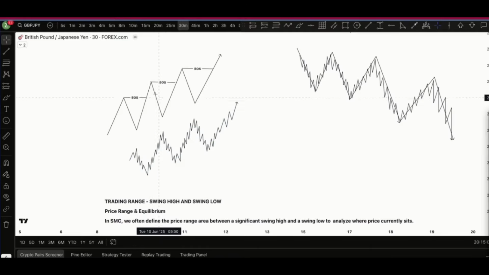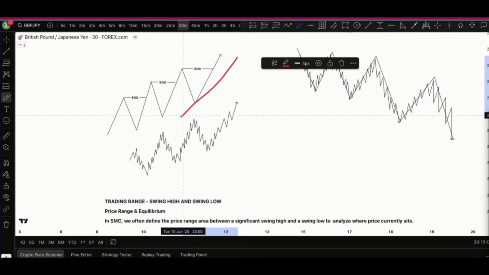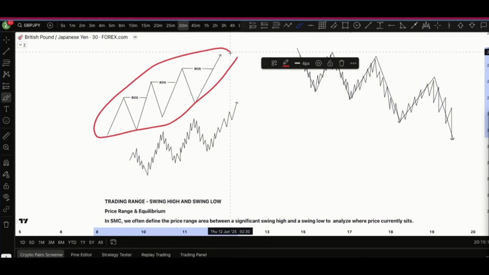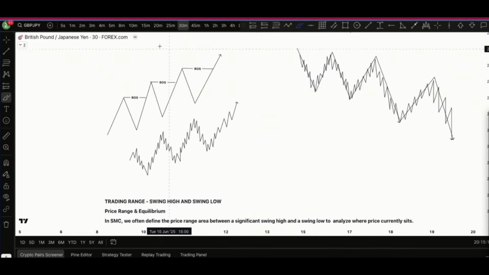Looking at this whole thing that I've drawn here, that is the basic market structure. Within it, each move and a pullback is what we call a substructure and a minor structure.